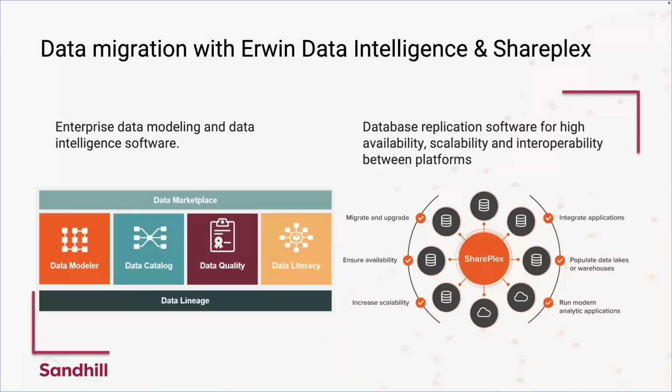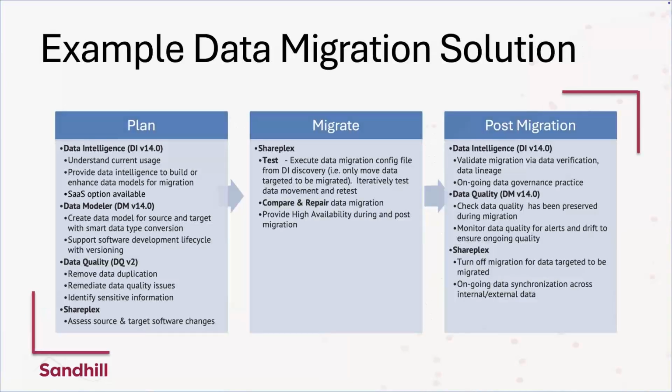It does the actual moving of data from one location to another, has certain functionalities to ensure availability, scalability, integrate different applications together, populate a data lake or a data warehouse, or really some kind of modern analytic application. So lots of different places that you can move data to during a migration process, and SharePlex is the mechanism for that movement.